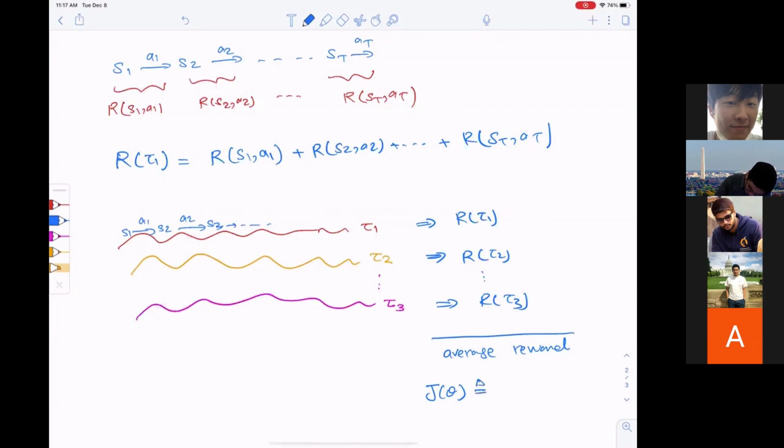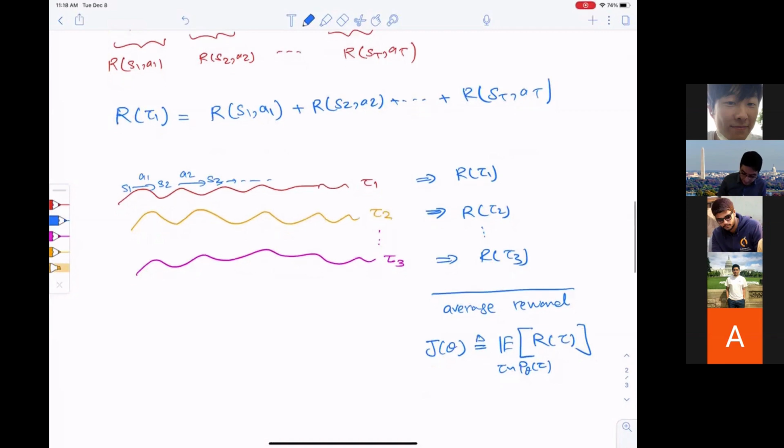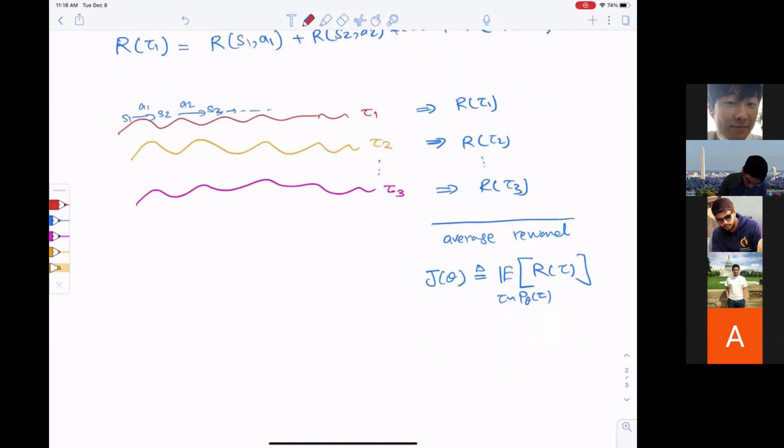That is defined as the expected reward of different trajectories when these trajectories, of course, are generated by P sub theta. That is the average reward function associated with a particular model parameter theta. So therefore, my goal would be to pick theta to maximize this.